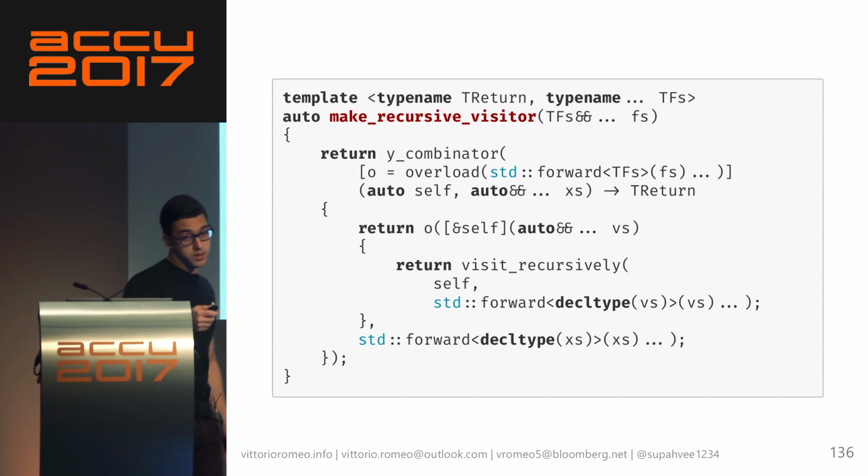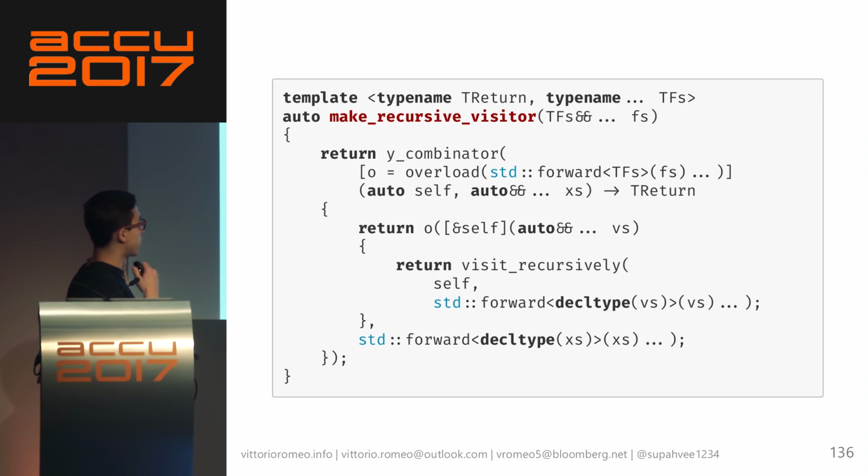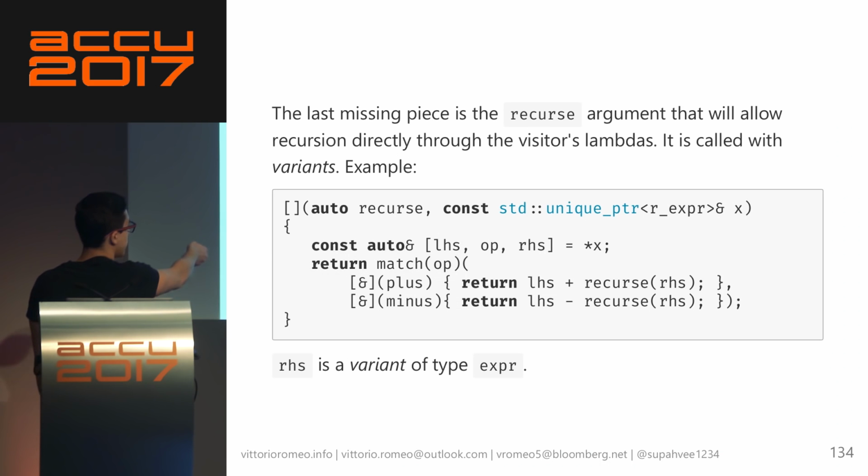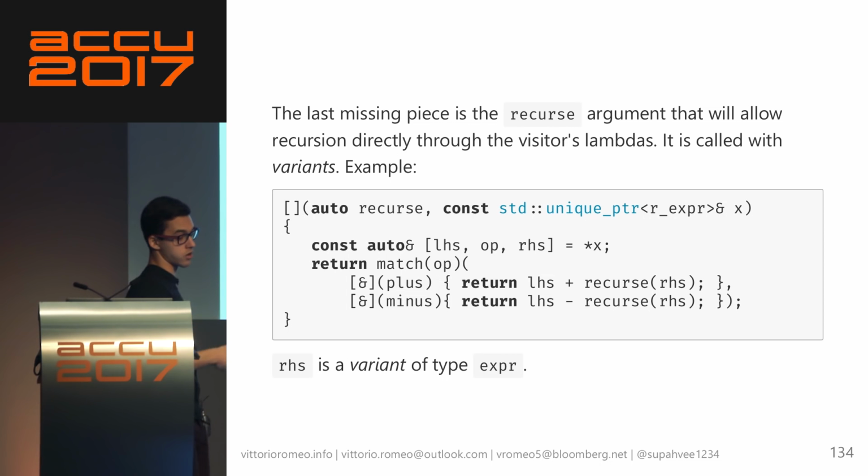So I will admit this is not easy to understand at first, but if you get your head around it, what this is conceptually doing is binding self as the first argument to visit recursively. And self, in this context, is the magic thing that the Y Combinator gives us to perform a recursive call onto this overloaded visitor. So what we're doing is exposing that self parameter here to this recurse parameter that's taken from the user-defined lambdas, and this will allow us to refer to the overload that we just created and recurse on top of it.